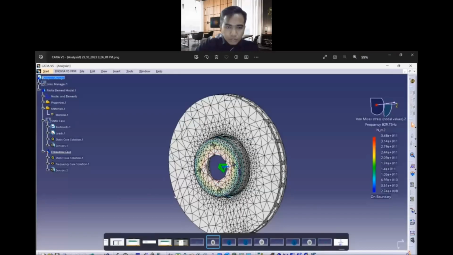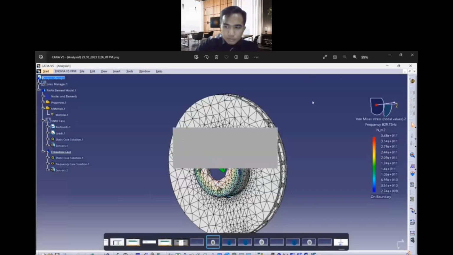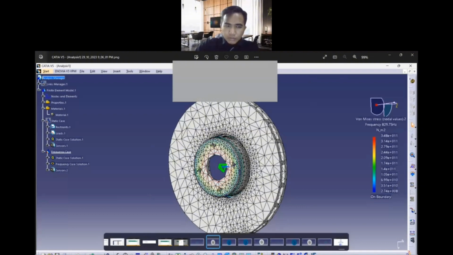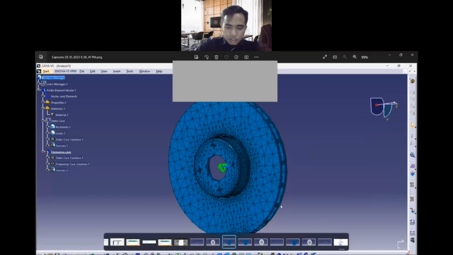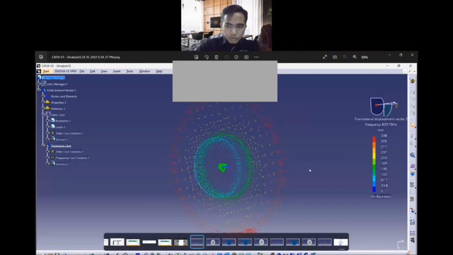Now, this is the analysis for the material of aluminium. This is the von Mises stress analysis as shown on the slide, and this is the translational displacement. This one is the frequency.